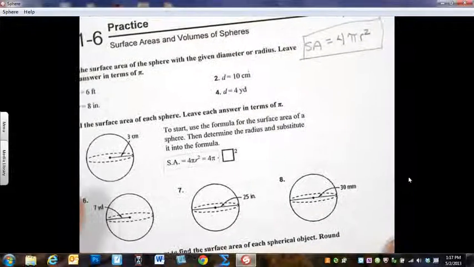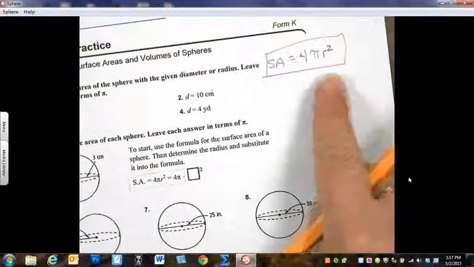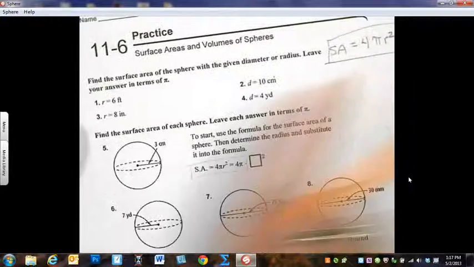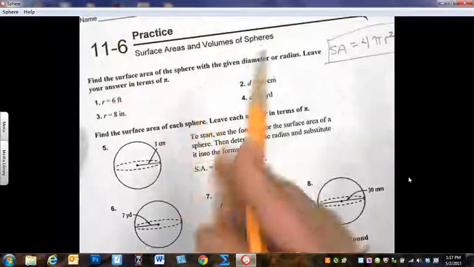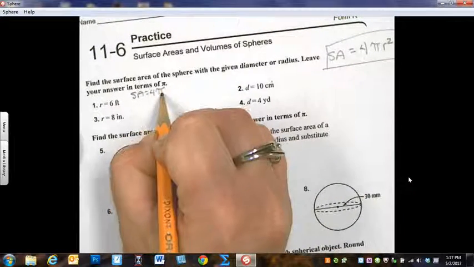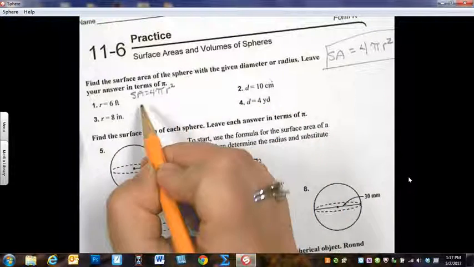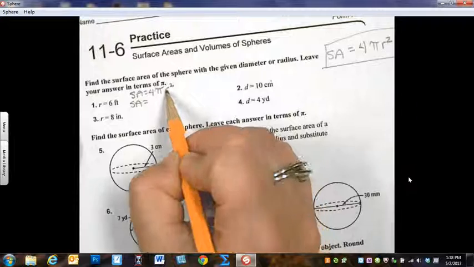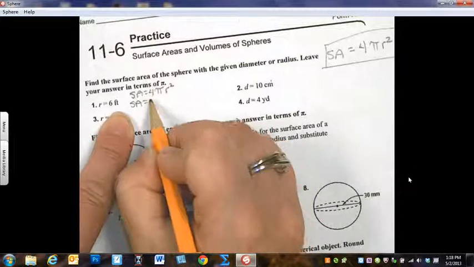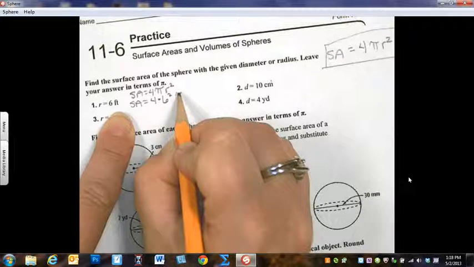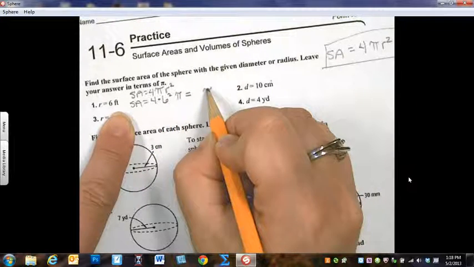As we go through this, notice that the only thing I need is the radius, because everything else is part of the problem. Well, they've given me the radius here. So I'm just going to write the equation. Surface area equals, my r is 6, so I'm going to have 4 times 6 squared pi. I'm going to leave my answers in terms of pi.